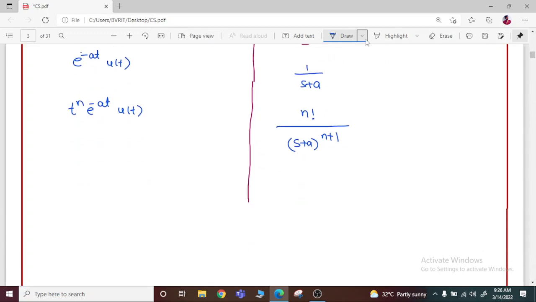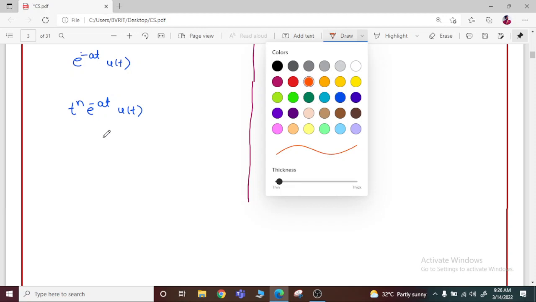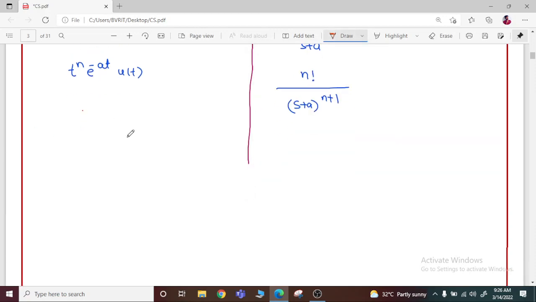And for trigonometric functions, sin omega t into u of t, its Laplace transform is omega by s square plus omega square. For example, cos omega t u of t, then this will be s by s square plus omega square.